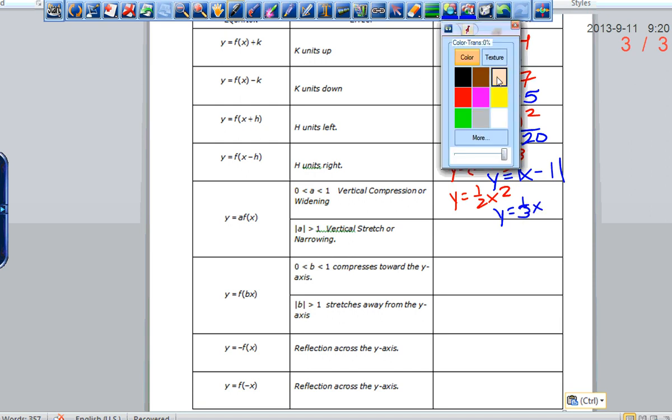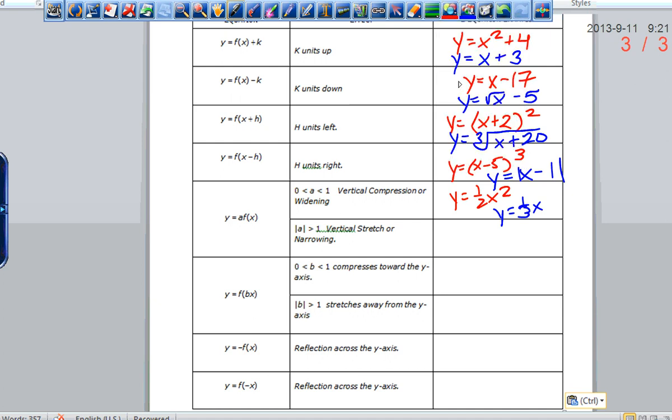So you're doing the vertical compression? Yes, we're doing vertical compression as a fraction. Right, 0 to 1. So that's one fraction.